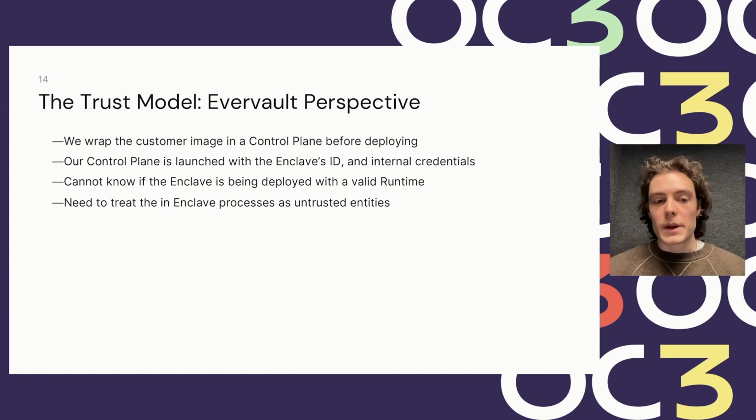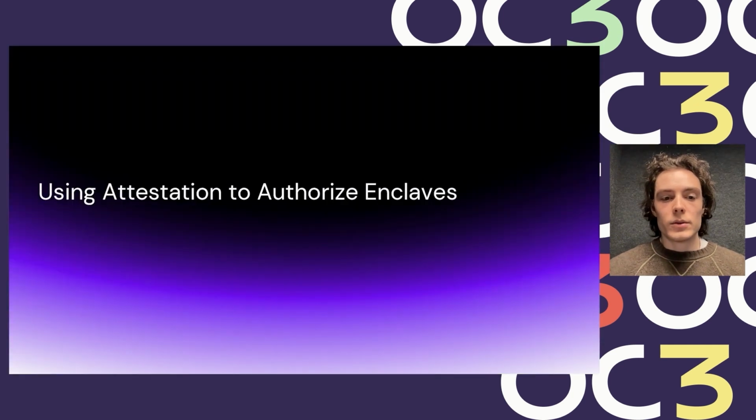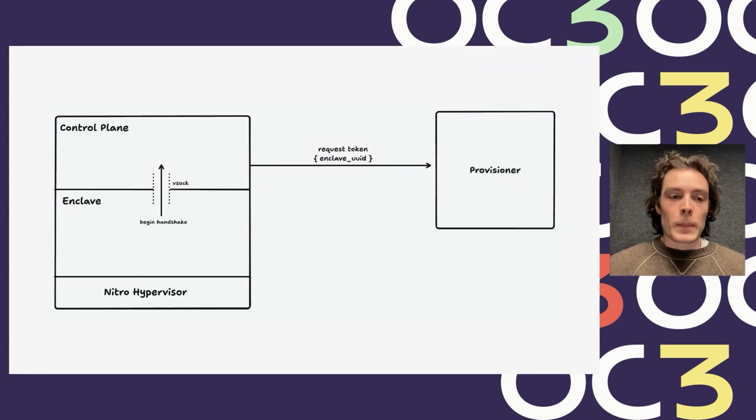And so from that perspective, we have to consider the enclave to be an untrusted entity within our cloud environment. And so we've developed a protocol for startup that allows us to use attestation to authorize enclaves to access sensitive material. So we're going to walk through that now.